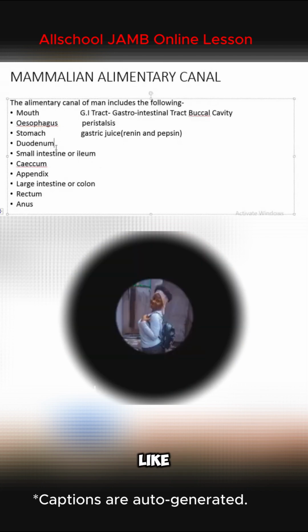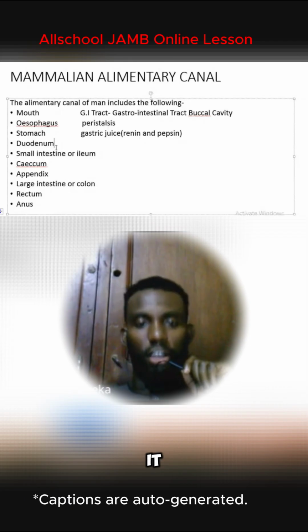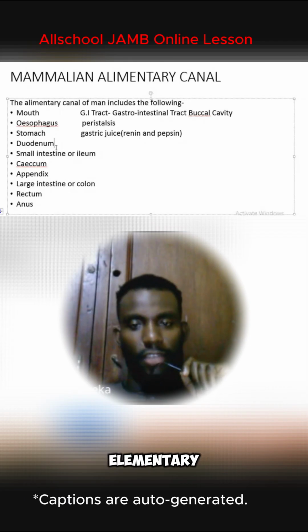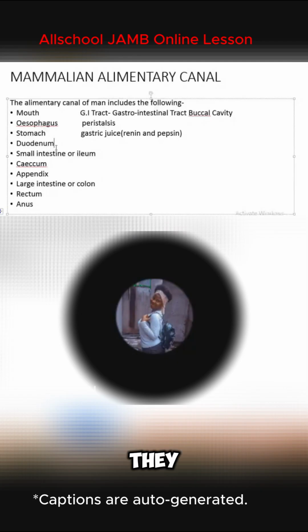From outside, like when I was reading, I read that from outside to inside, we have a thin membrane that is moist and slippery. The outside, is it in the alimentary canal? No, in the esophagus, they say it is a serous coat.